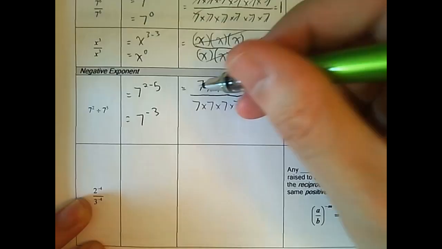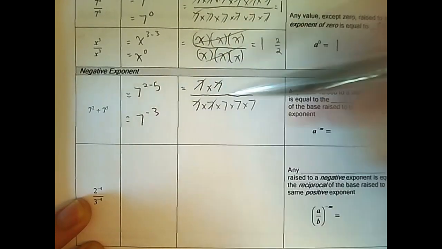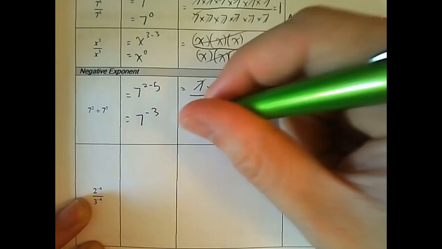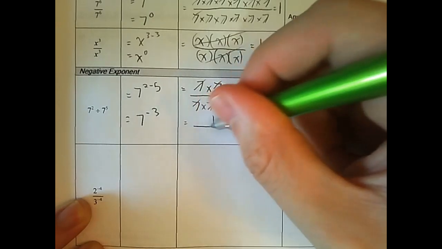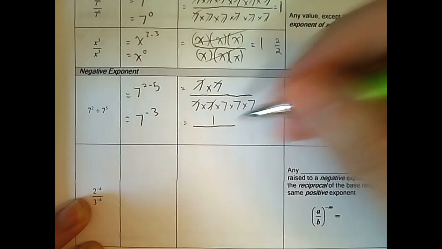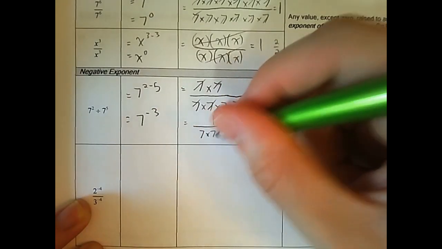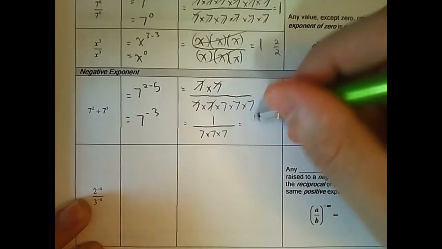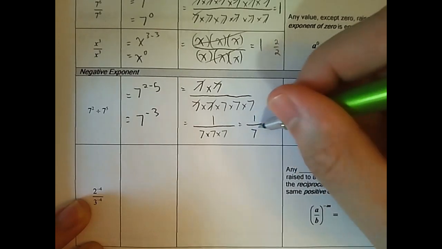Now if I start canceling things out here, these go away. I'm left with 1 on the top, because after things cancel, the only thing that can be left in the numerator is going to be 1. And on the denominator, 7 times 7 times 7, which is really 7 to the power of 3.